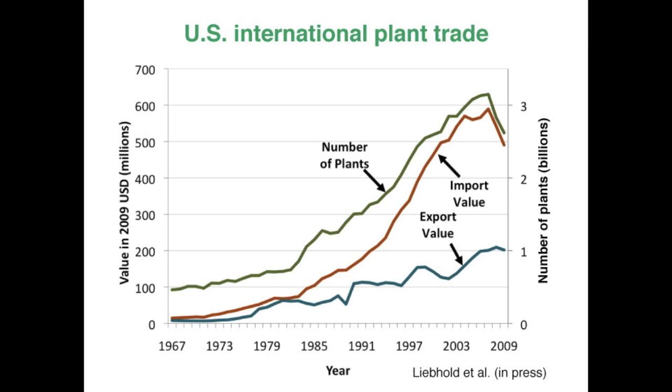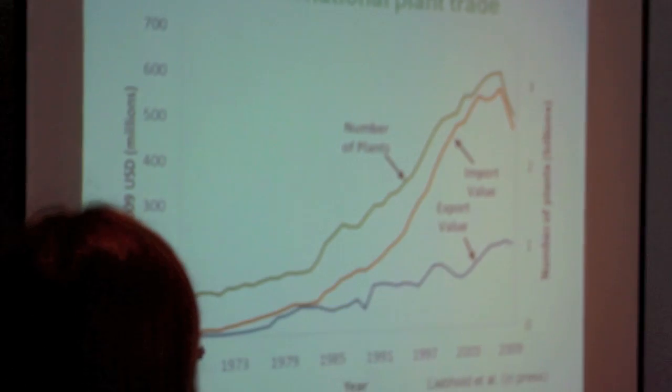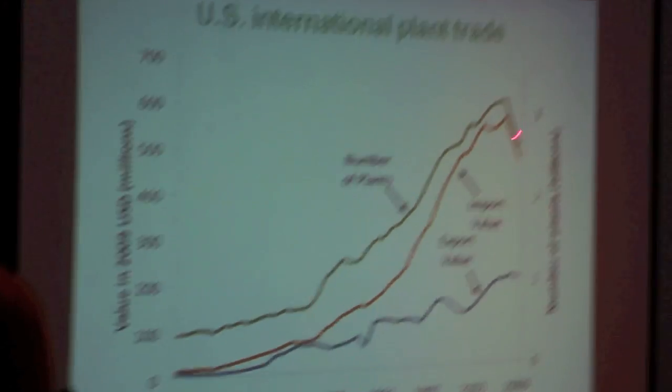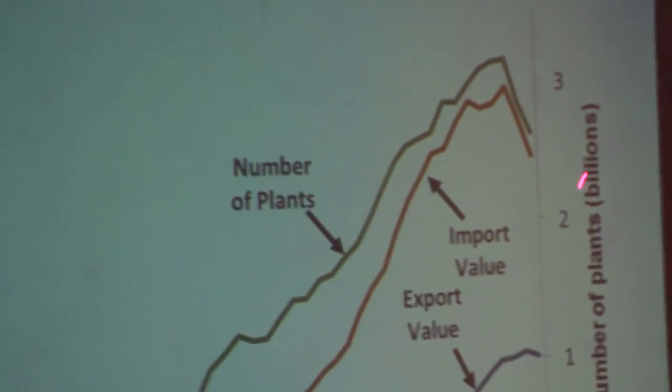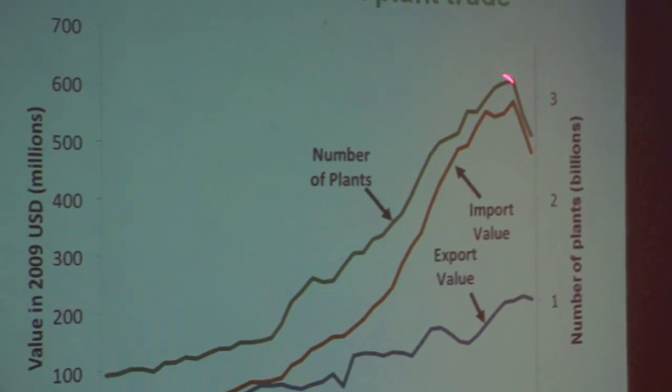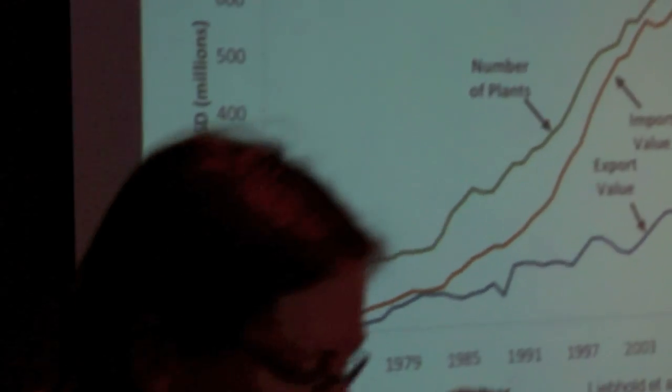Let's see if I can get this laser pointer to work. Oh, here we go. So here's the number of plants that are being imported, in billions. And you can see there's been a huge increase since 1967.